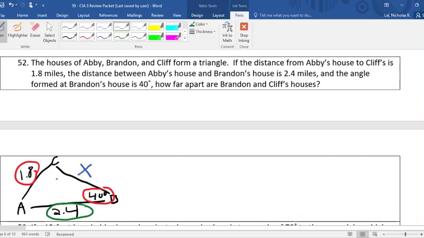So far the only information that we can find with this triangle is this angle right here. But from this angle we can obtain more information. So to find angle C, we know that the sine of angle C over 2.4 is equal to the sine of 40 over 1.8.